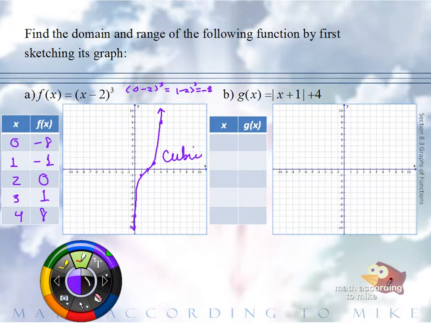For the second one, I'm going to tell you what x values to pick, and then I want you to graph it on your own. We're going to pick -3 up to 1.